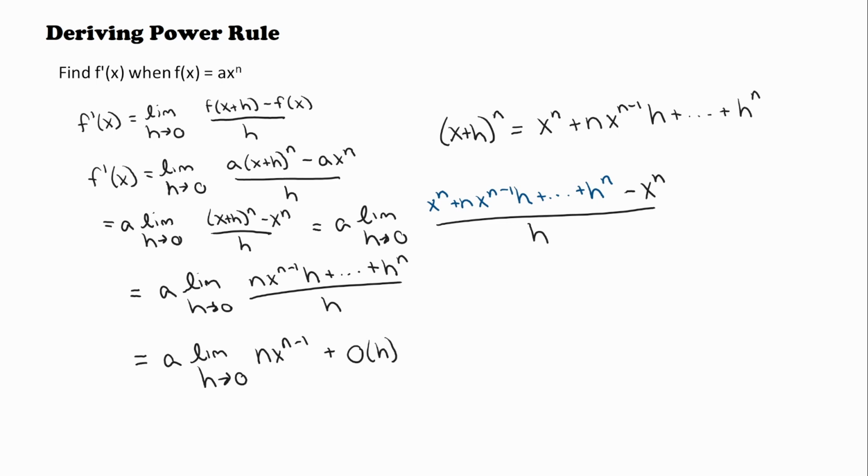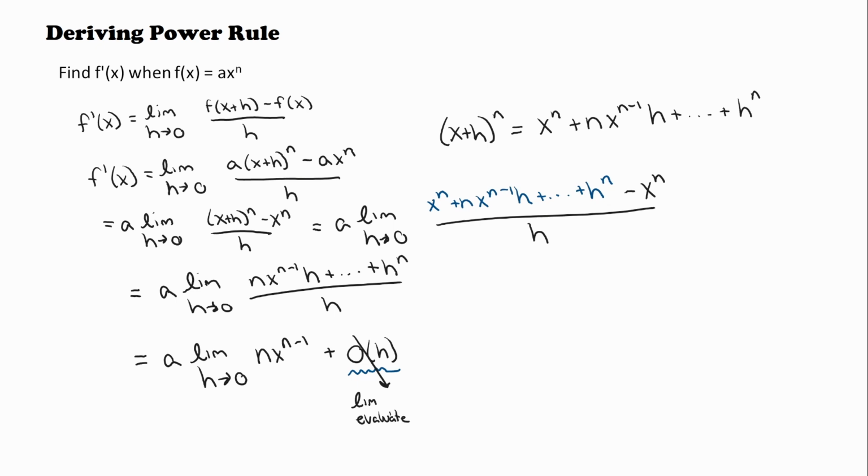This is a common notation you'll see in your math classes, and this notation generalizes all of the terms that have powers of h to the first power and higher, all the way up to the n power. Whenever we have h going to 0, anything that has h to the first power or higher will essentially just go to 0 when the limit is evaluated.